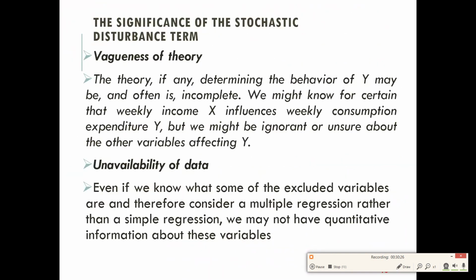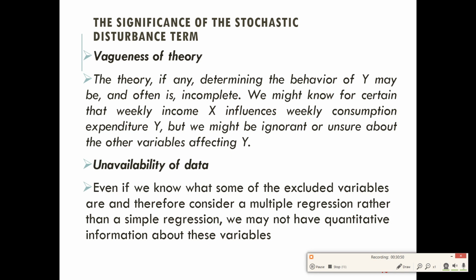So coming back, why do we introduce the random error part? The first factor is the vagueness of the theory. For example, we have data on consumption and income, but what about the other factors? Let me introduce one example.